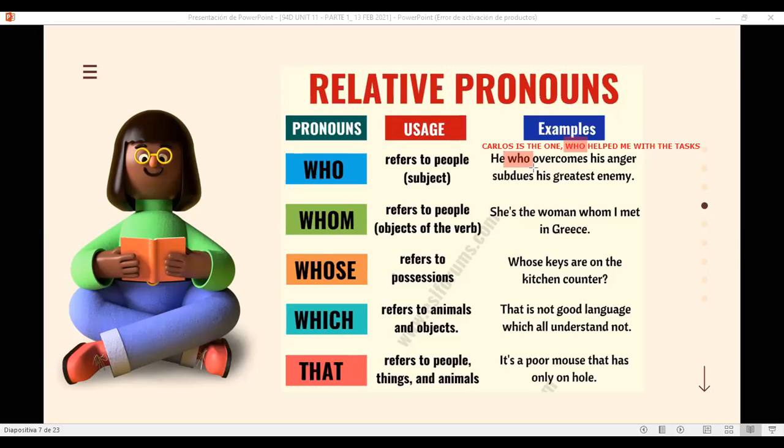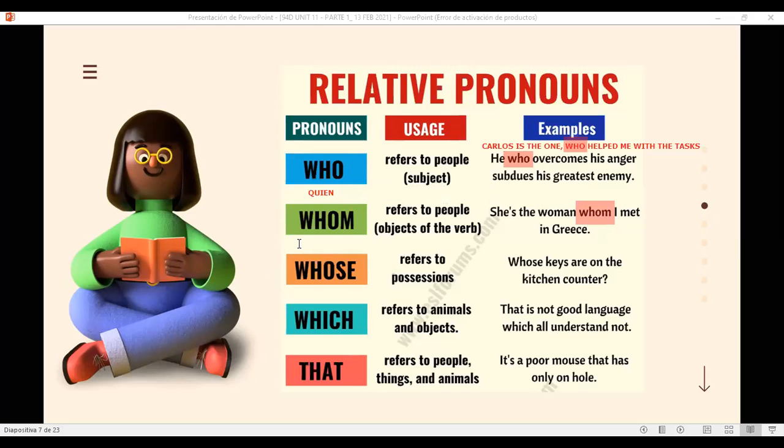¿Sí? Whom la utilizamos cuando queremos referirnos también a personas, pero miren, cuando ustedes están preguntando a quién o refiriéndose a quién, ¿sí? Ese sería el significado de whom. So we have who, which means quién. Miren que este who significa a secas solo quién.